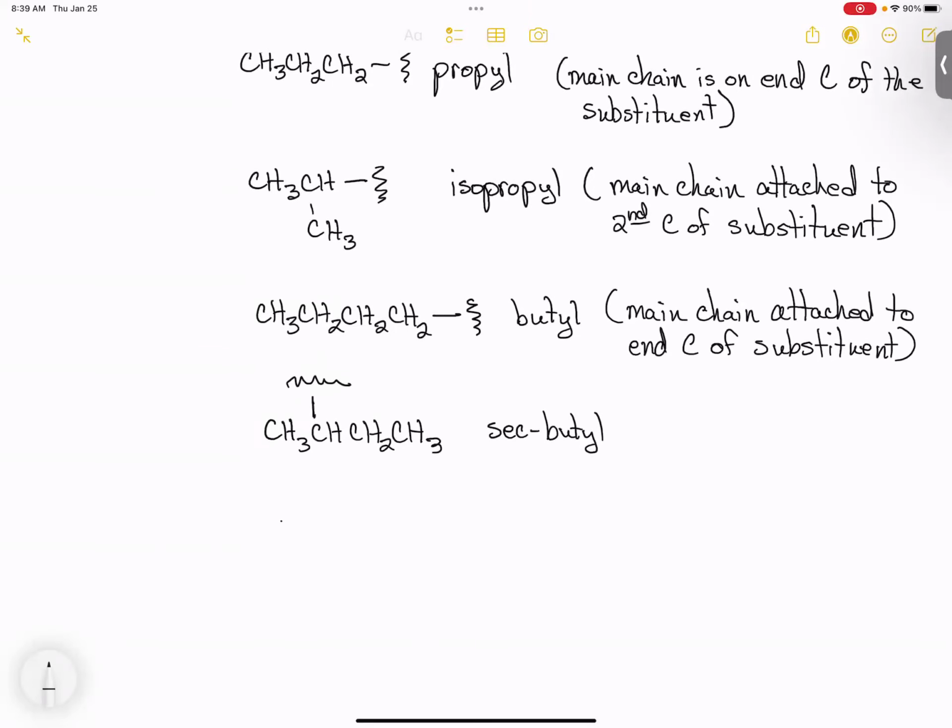The next one has the main chain attached here, and this is called isobutyl.